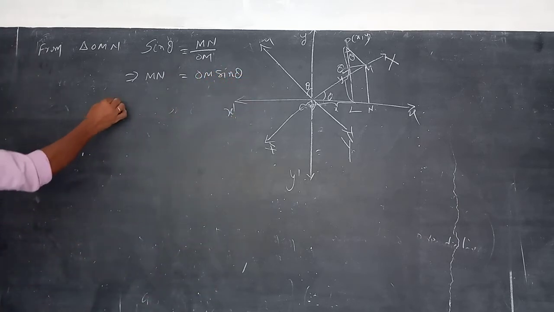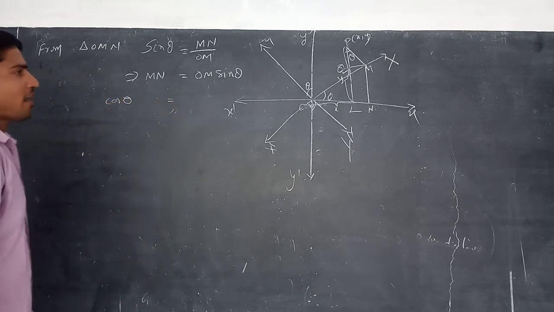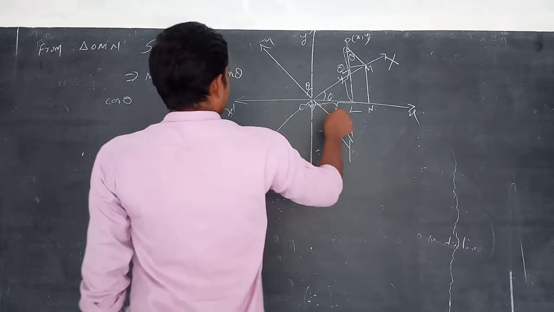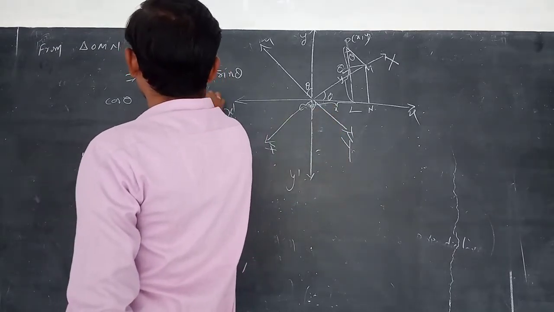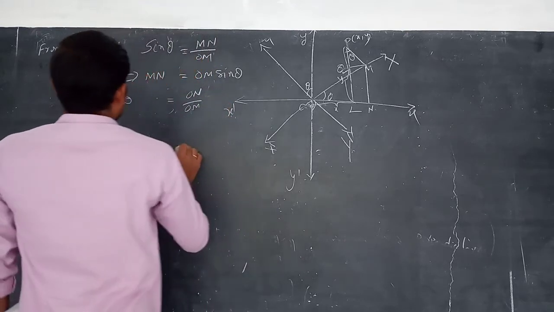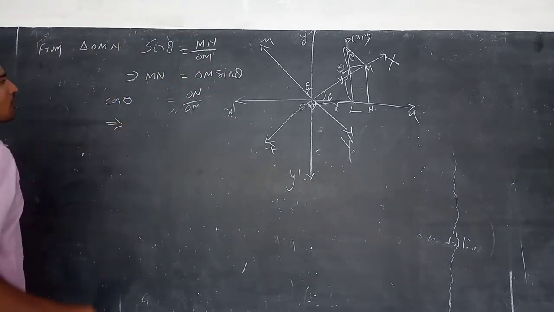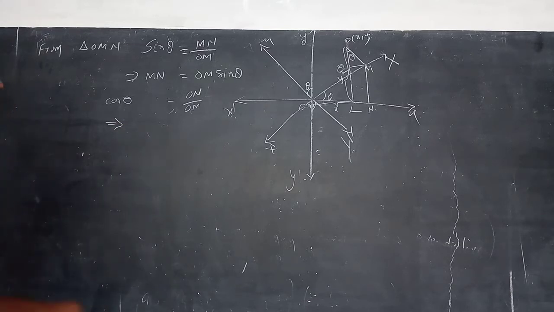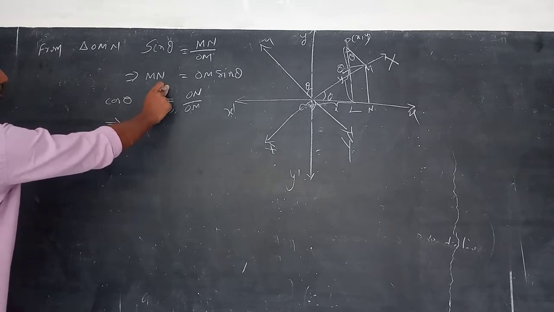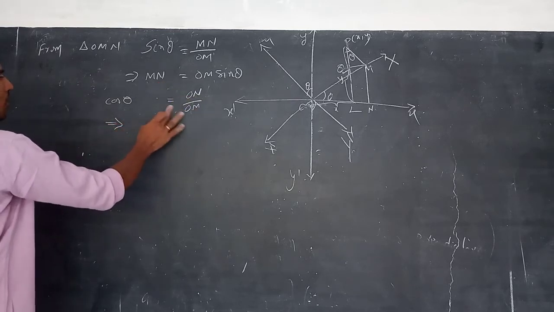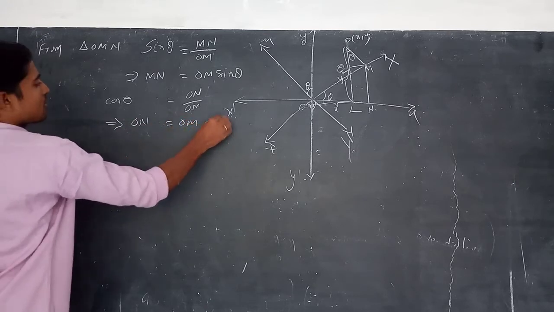At the same time, cos theta from this triangle only: cos theta equals adjacent side by hypotenuse, so ON by OM. That implies ON equals OM cos theta.